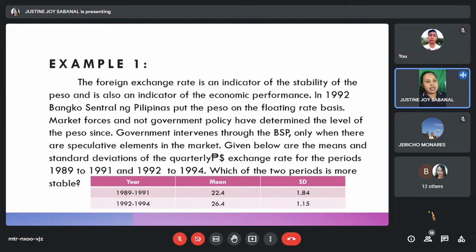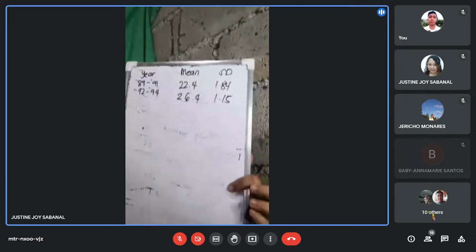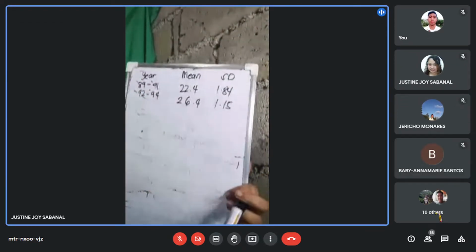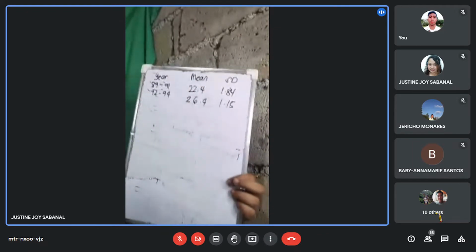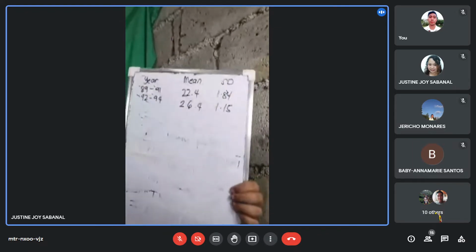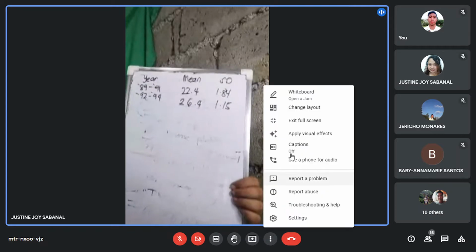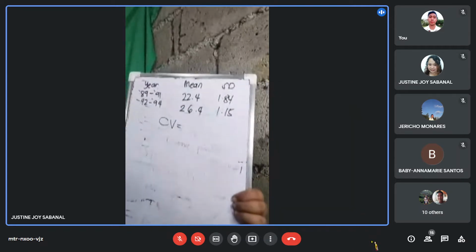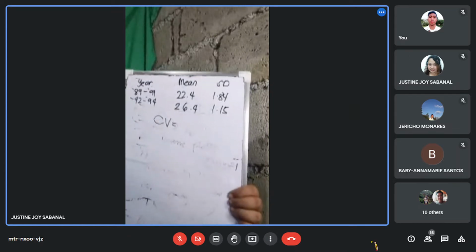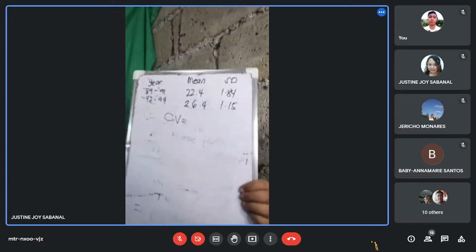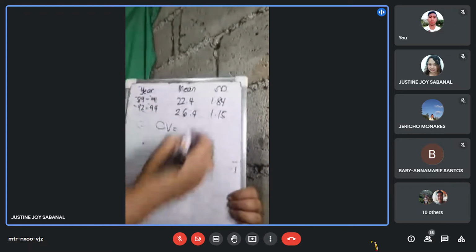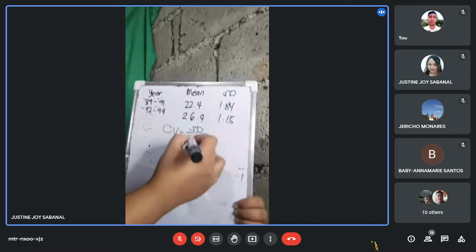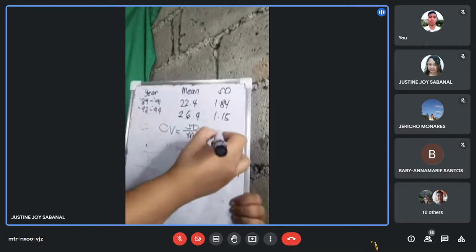So tingnan natin gamit ang coefficient of variation kung ano ba yung magiging value nila para makapag-conclude tayo kung yung 1989 to 1991 yung stable or yung 1992 to 1994. So, ito yung general. Pwedeng ganito nyo na lang din isulat yung definition or yung formula for the coefficient of variation. So, CV is equivalent to standard deviation over the mean times 100%.